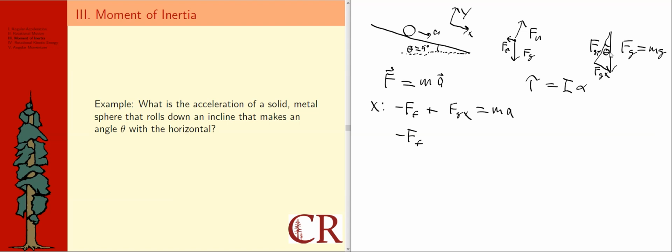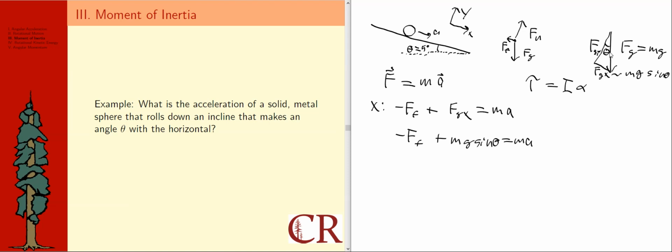And I think that this x component should then be equal to mg sine theta, since it is opposite to the angle that I think is fairly clearly equal to the angle of the incline. So that means I can put over here plus mg sine theta equals ma.